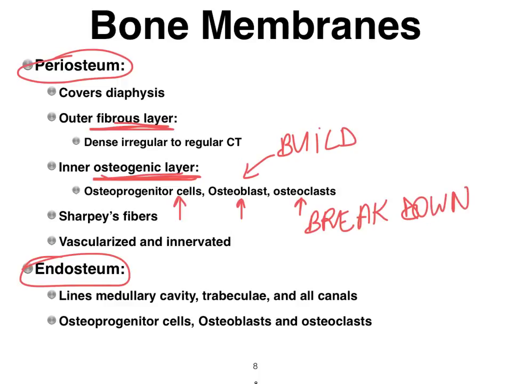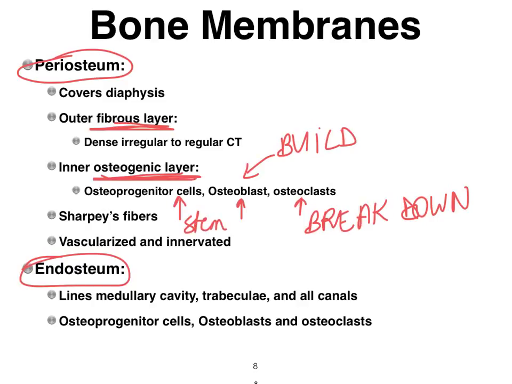The way I remember that the osteoclasts break down bone tissue is because osteoclasts have that K sound and break down. That's how I do it. Again, that's what works for me. I don't know if that will work for you. Your osteoblasts build. And then your osteoprogenitor cells are stem cells for the osteoblasts.